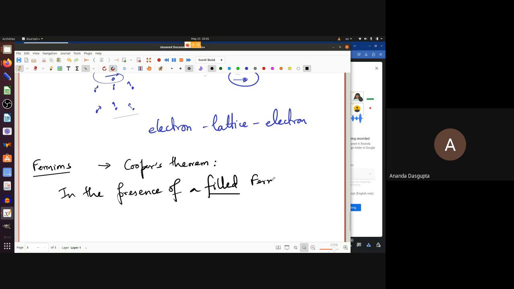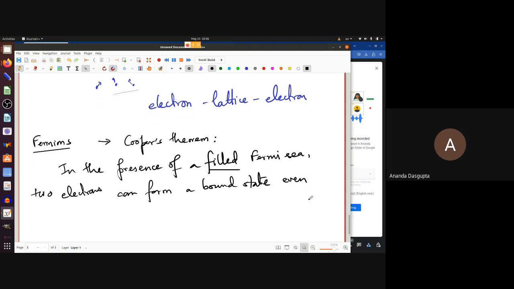This is important. So all energy levels available below the Fermi level are actually filled up. In such a situation, here the attraction, of course, is the lattice mediated attraction.